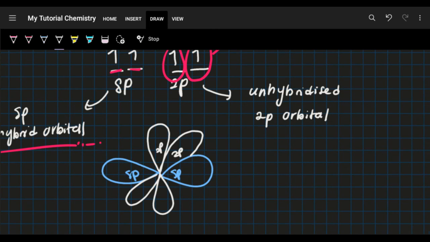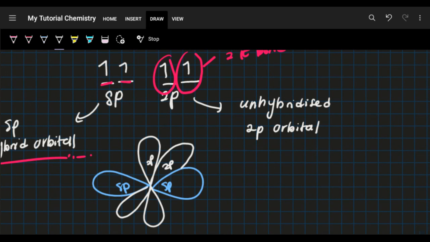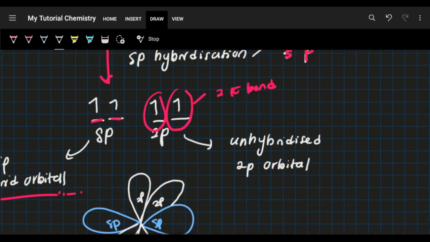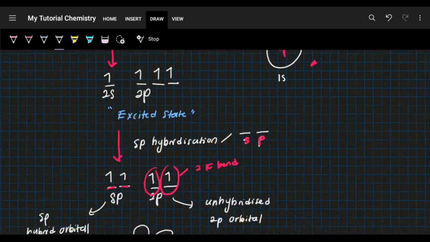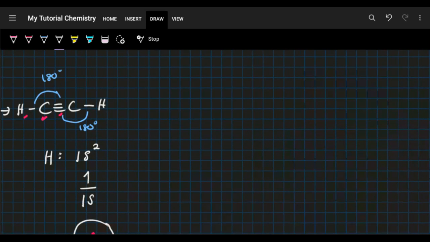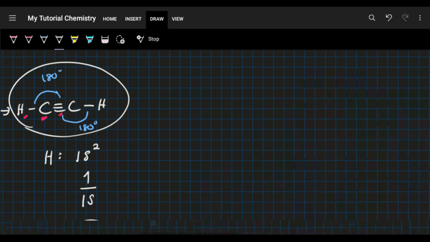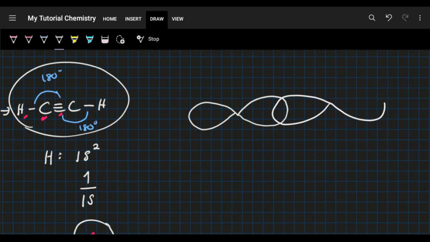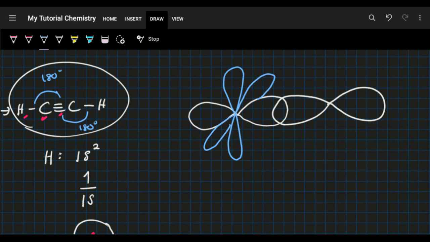So let's draw how the sp hybrid orbital combines with the s orbital from hydrogen. Right, so this is the structure for ethyne. First, carbon overlaps with carbon. Now each carbon has 2p orbitals.